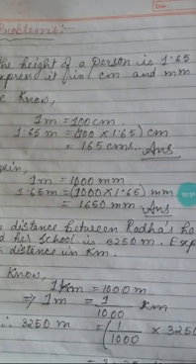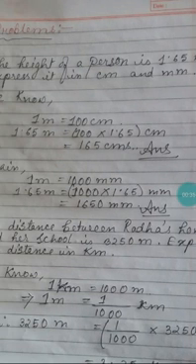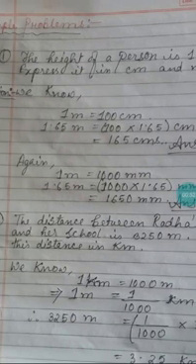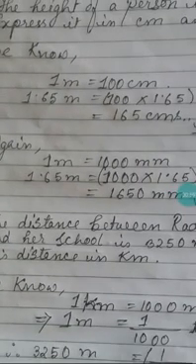So, it is said to express it in centimeter and millimeter. The question is 1.6 meter. So 1.6 meter equals how many centimeters? 100 into 1.6 centimeters. That means 160 centimeters. The height of a person is 160 centimeters. Now again it is asked to express it in millimeter.